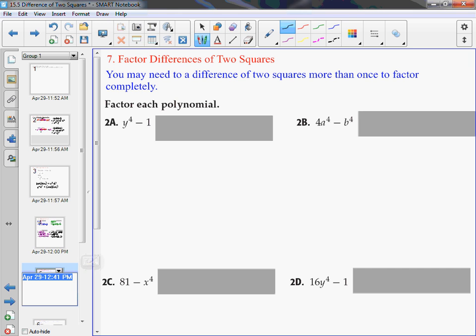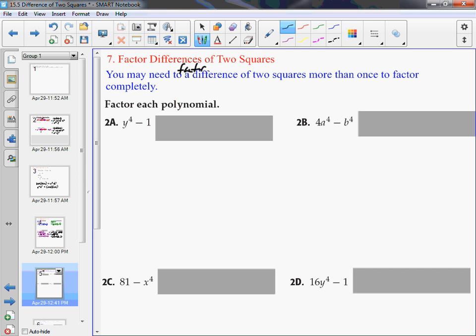All right. Now, this is kind of cool. This is one of my favorite things about differences of two squares. You may need to factor a difference of two squares more than once to factor completely. So look at 2a here.